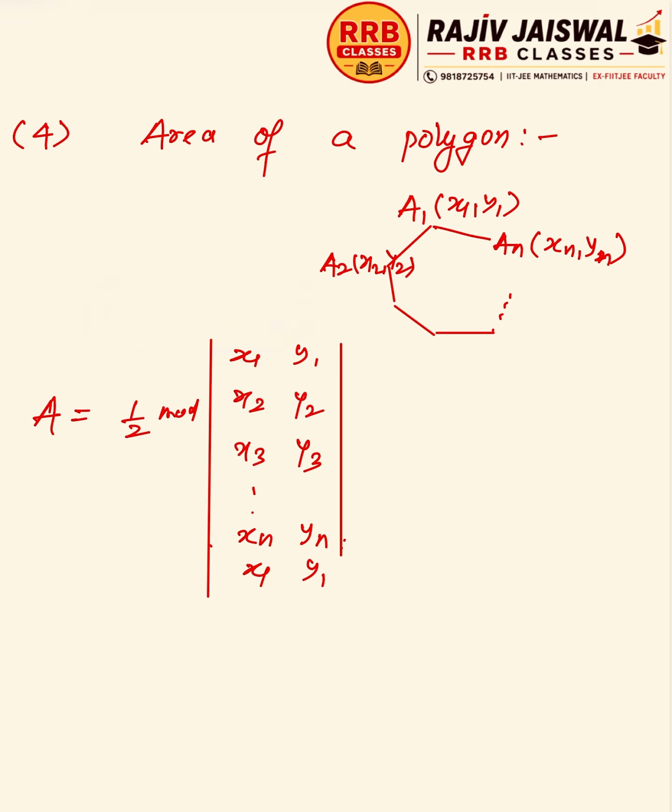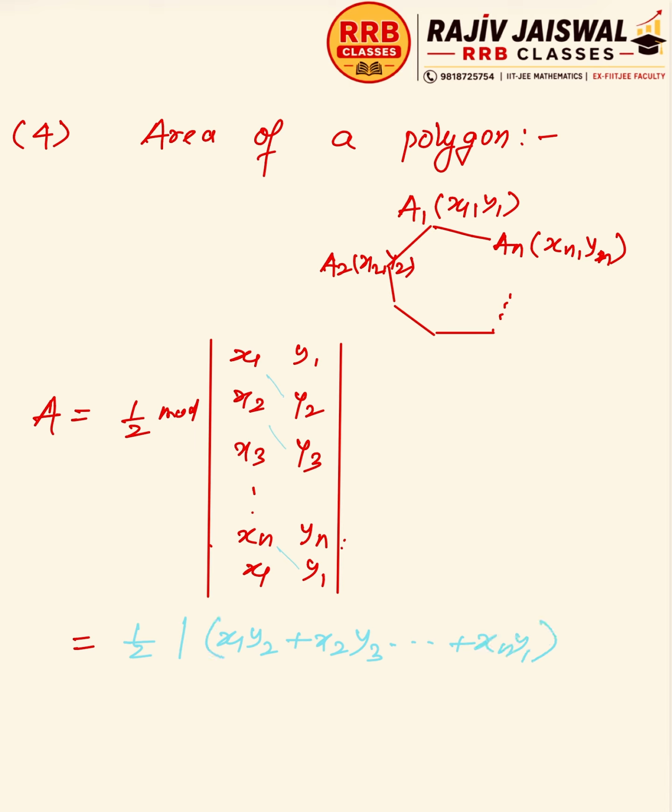And then how to get the area of the polygon? You just need to cross multiply these and add these values. So you will get half of modulus of x1 y2 plus x2 y3 up to xn y1.